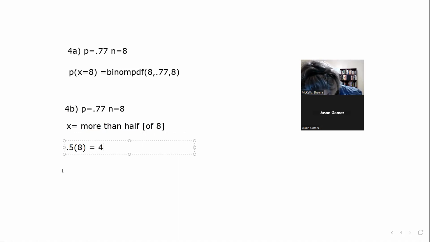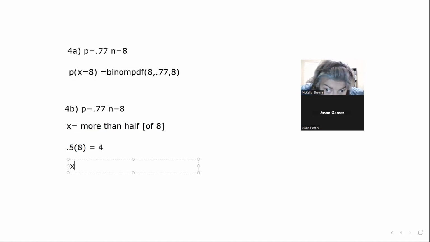So X is going to be more than 4. You don't want to include 4, more than half. 5, 6, 7, or 8 is what we want, right?